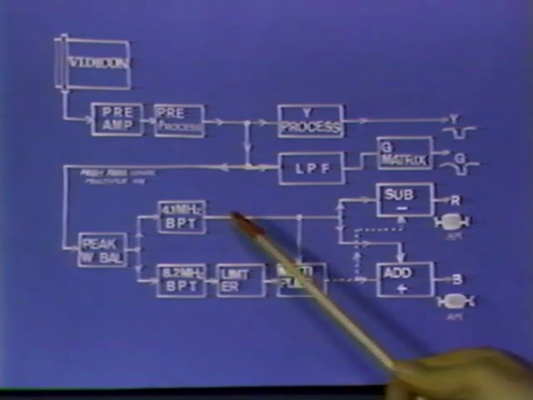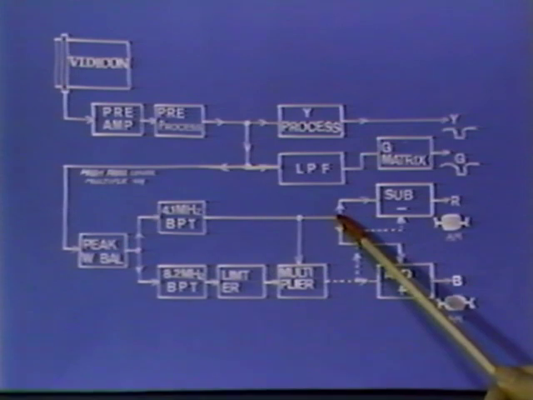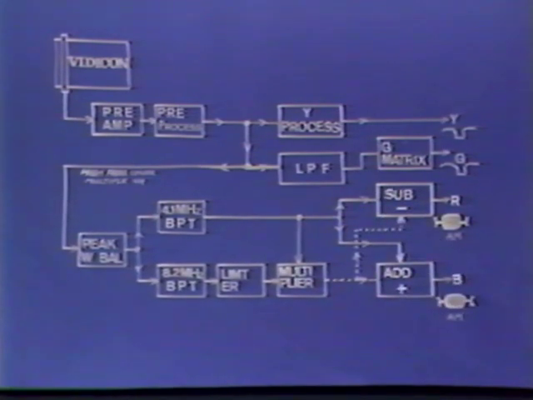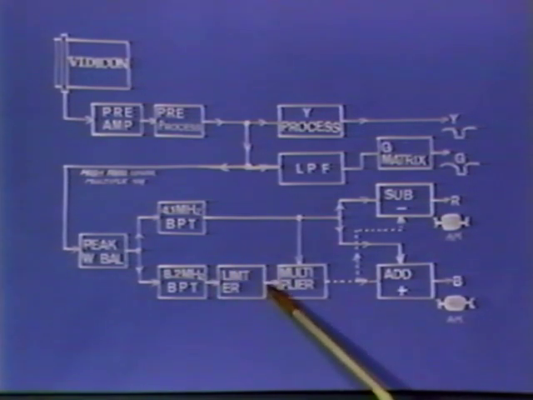Then, this 4.1 MHz wave is conducted to the adder and the subtractor. On the other hand, the 8.2 MHz second higher harmonic gets a sufficient amplitude limitation from the limiter before going to the multiplier.